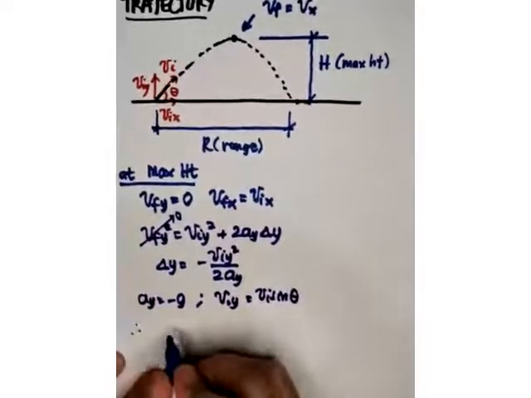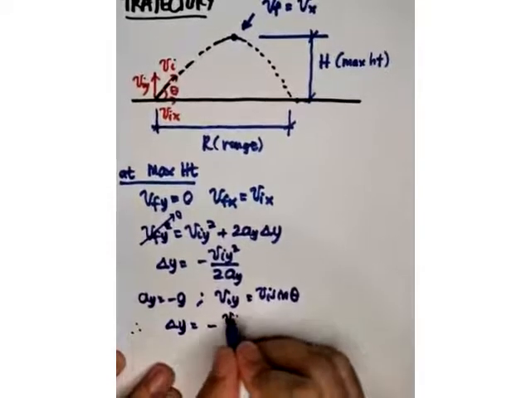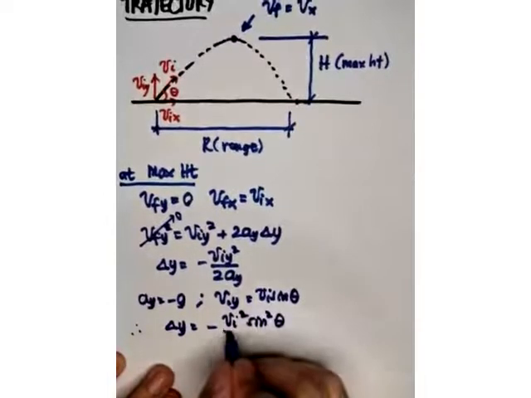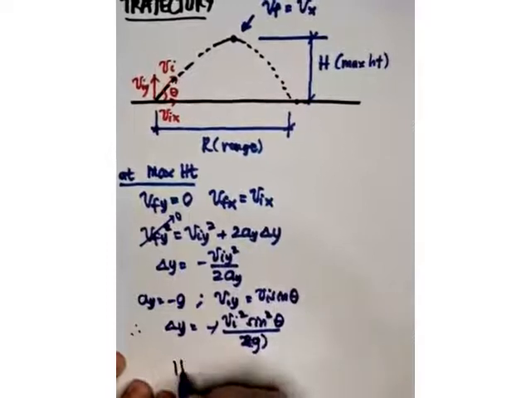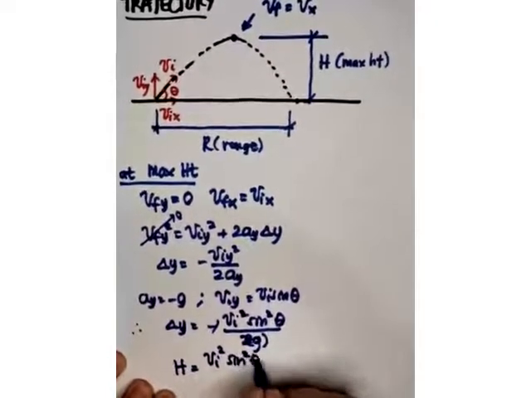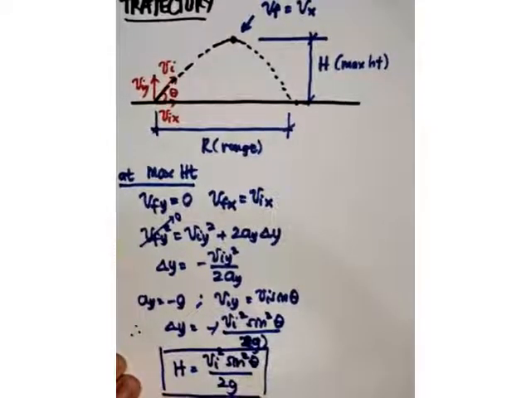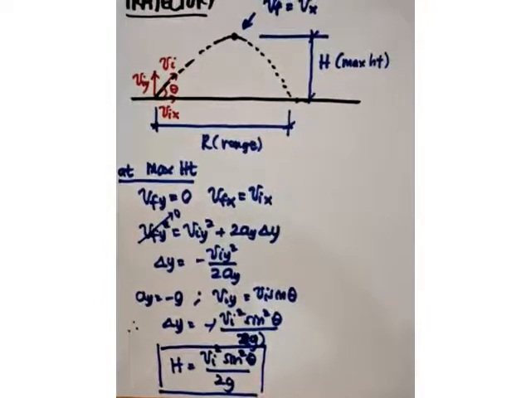So therefore, delta y is equal to negative VI squared sine squared theta over 2 negative g. Cancel natin yung negative. So the maximum height is VI squared sine squared theta over 2g. You can use this formula directly if you want to get the maximum height. Ayan. So pwede na yan gamitin directly.